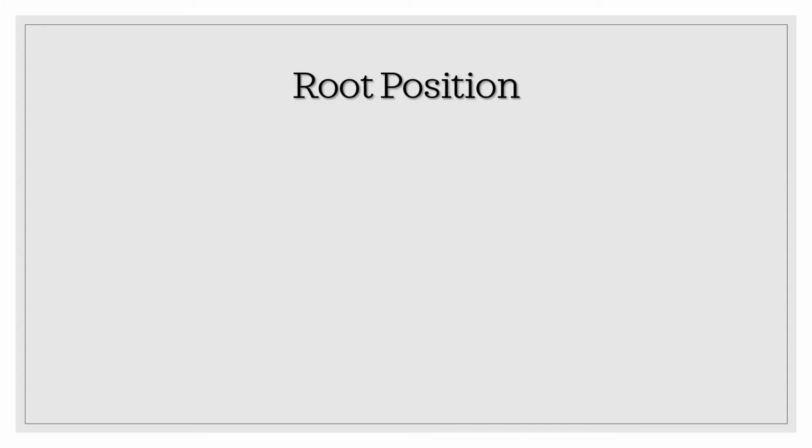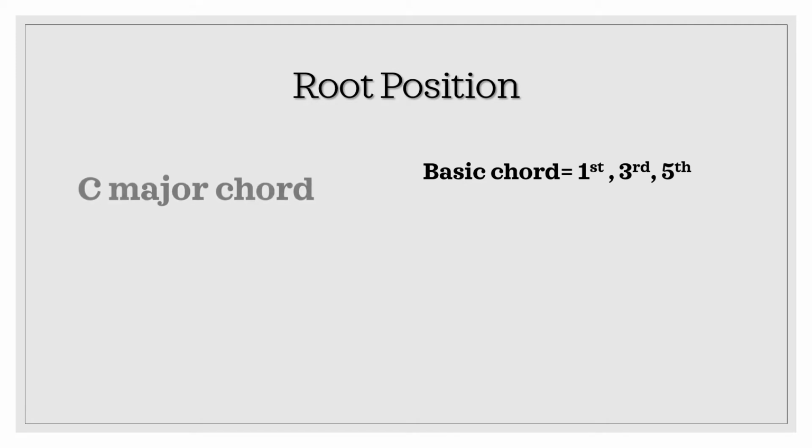So, starting with root position, this is the chord that we are going to try to build using this type of inversion. We know that the basic chord is built upon the first, the third, and the fifth.